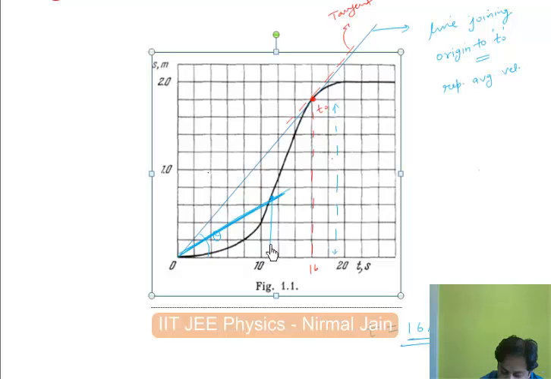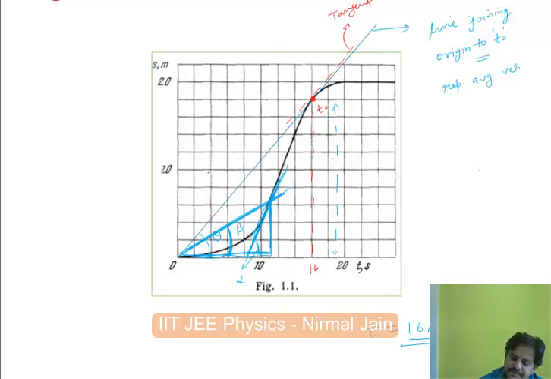This slope gives me the average velocity, and the tangent drawn at this point gives the instantaneous velocity. Obviously this angle alpha is very different from this angle beta. If the angles are different, then the slopes will be different, and that's why the velocities will be different.